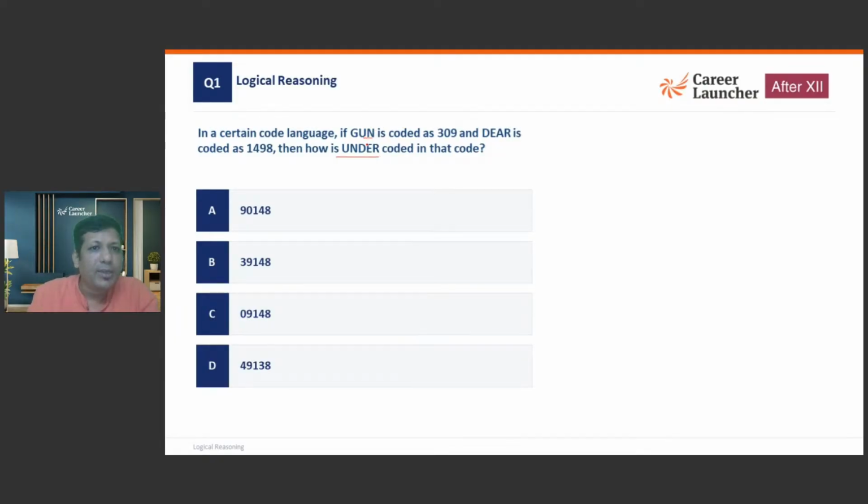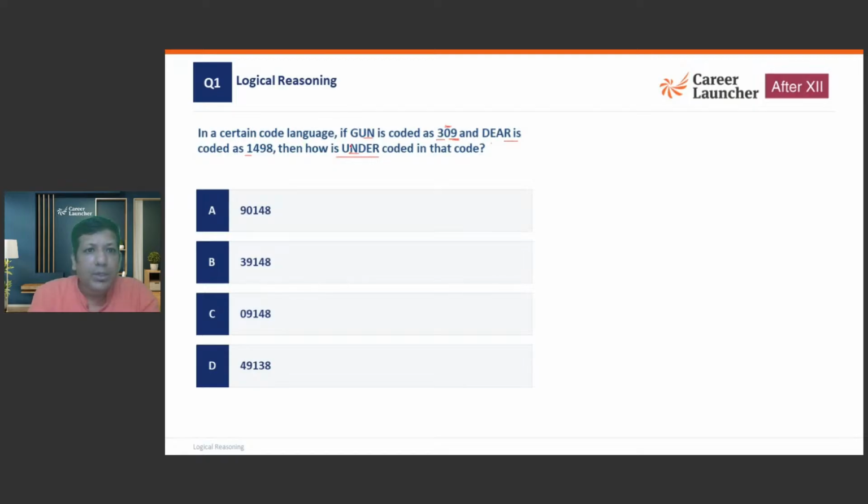Common letter N, in place of N there is 9 here, and gun and deer have nothing in common. This means G will be representing 3, U will be representing 0, D will be representing 1, and we got gun is this, deer is this.